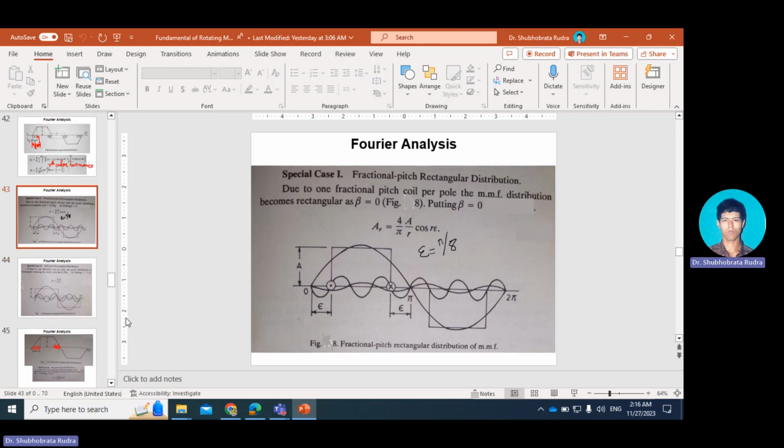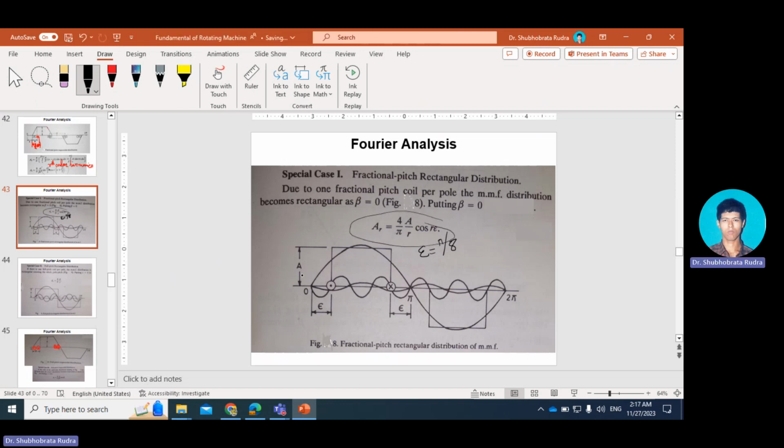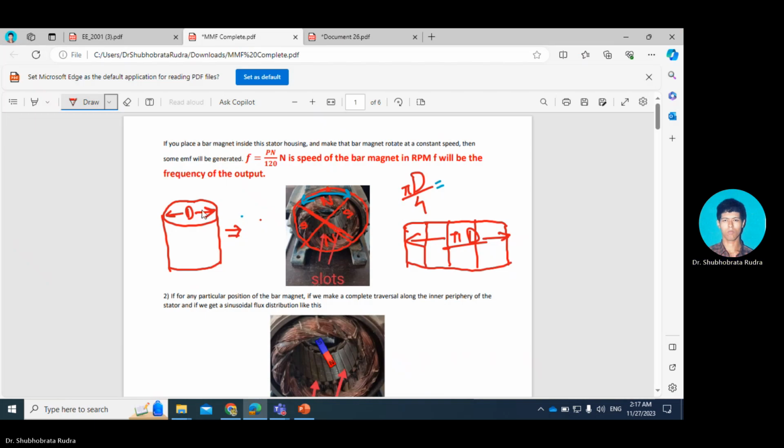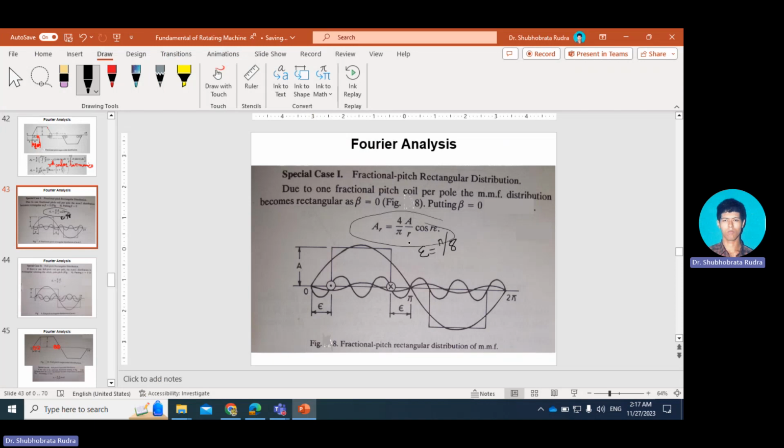So in the given question, we are supposed to use this formula. Let me take you there. That is what I'm talking about. The same thing here, since we are considering the fundamental, it is 1.